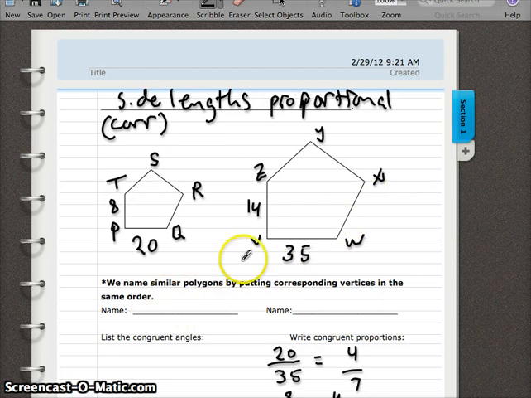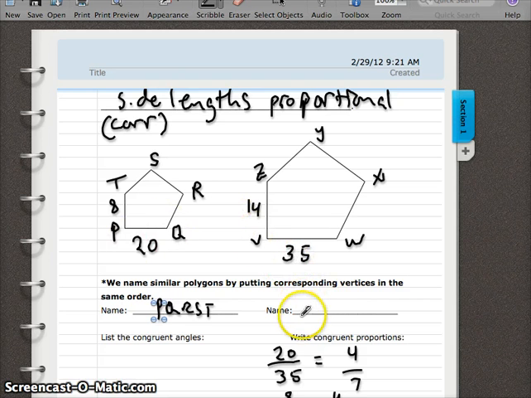In order to name shapes that are similar, since we proved that these two shapes are similar, we would name them using the points that are in the vertices, and we would just go in any order starting with the first name. So if I just start at P and go counterclockwise, P, Q, R, S, T, then I would have to do the same starting over here with the corresponding angle.